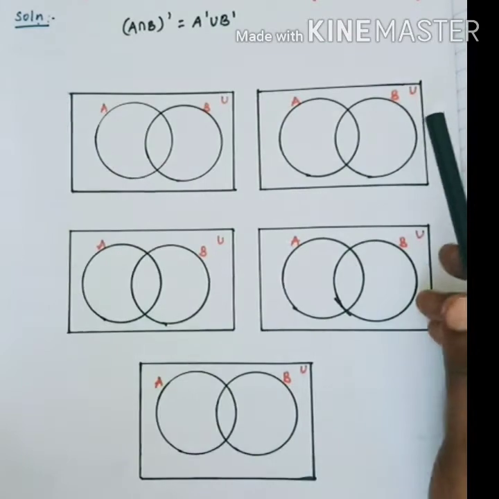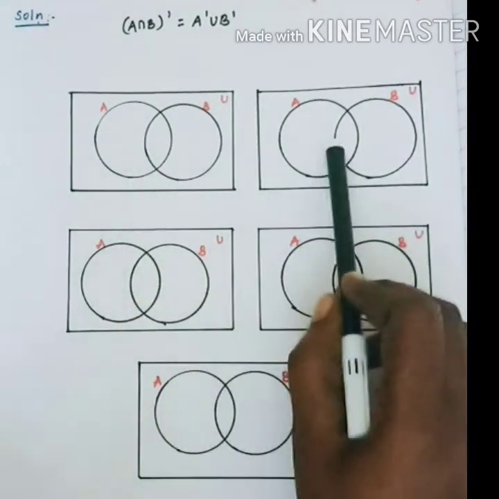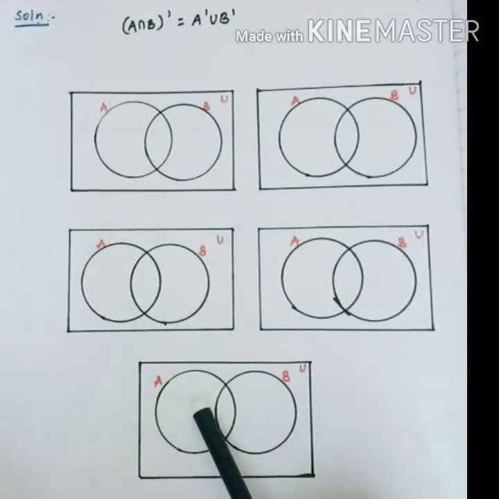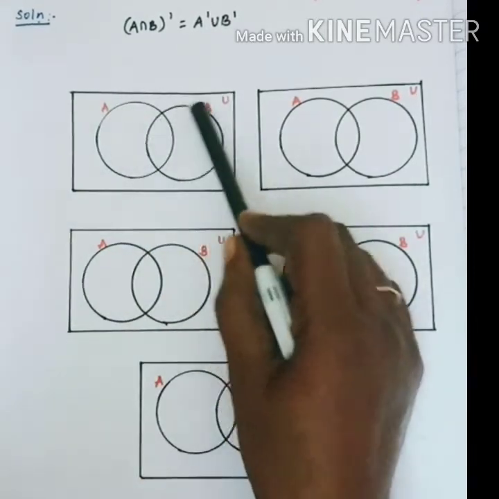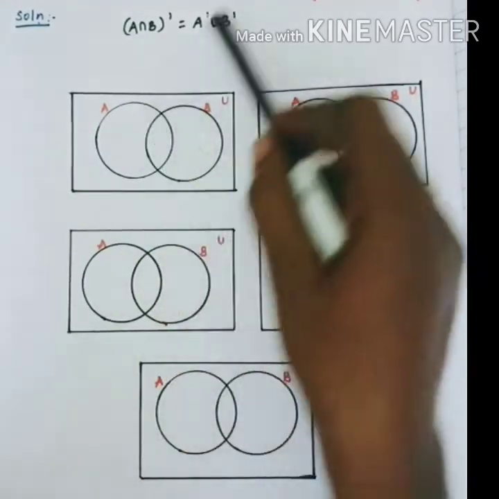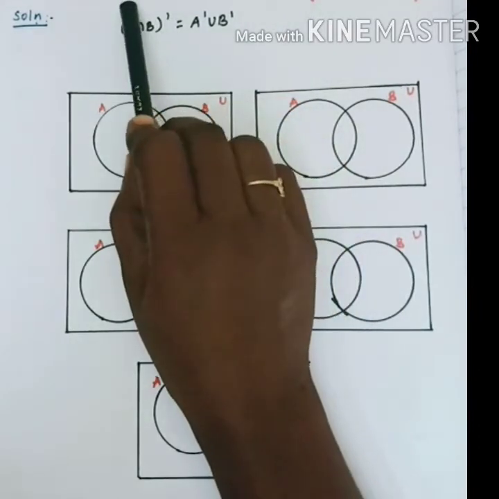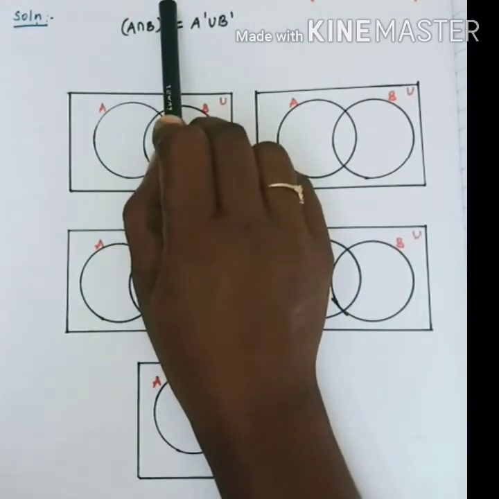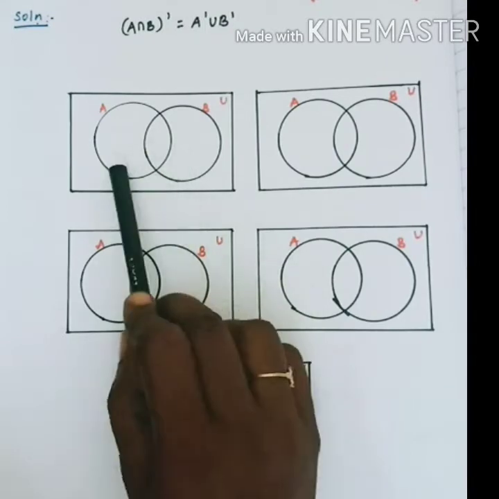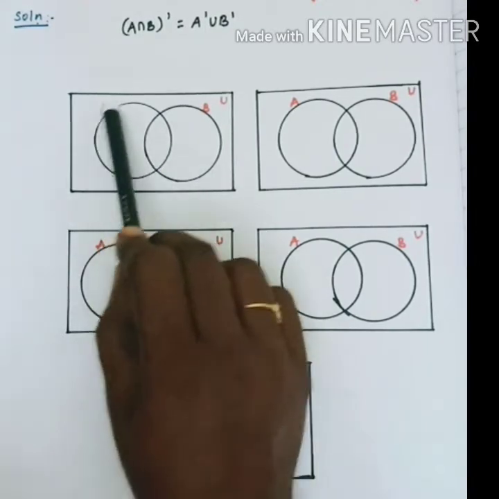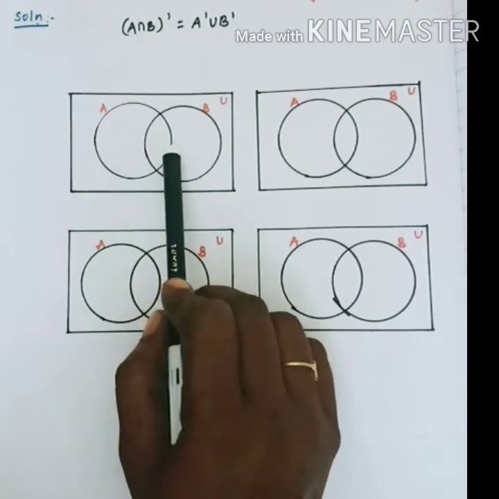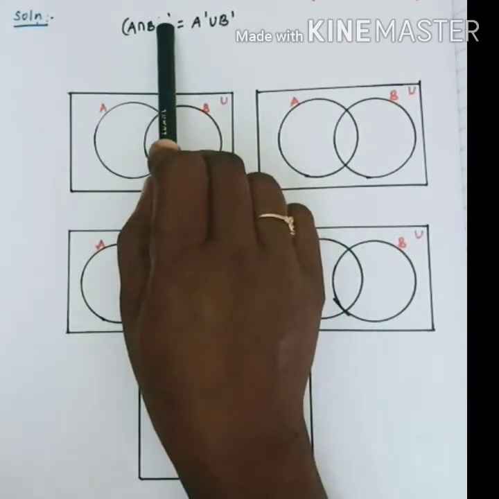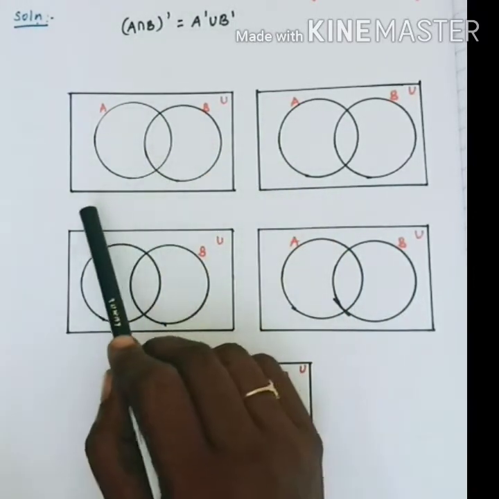Solution. First draw 5 Venn diagrams like this. This is your set A and this is your set B. In the question only two sets A and B are given, so we have to use only two circles here. One is A and another one is B. Then whenever this dash comes, we have to use the universal set.